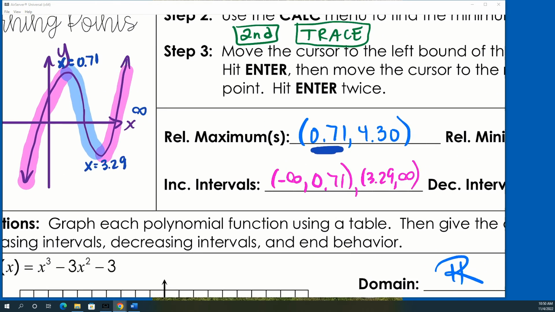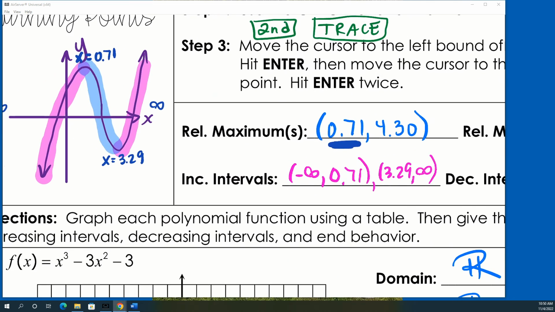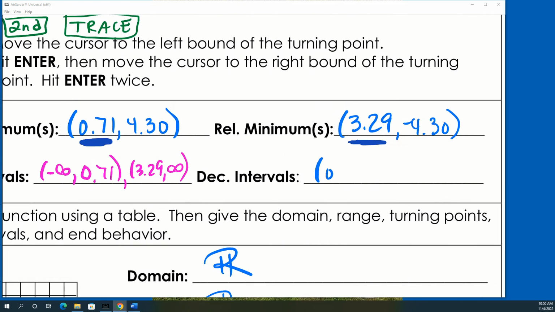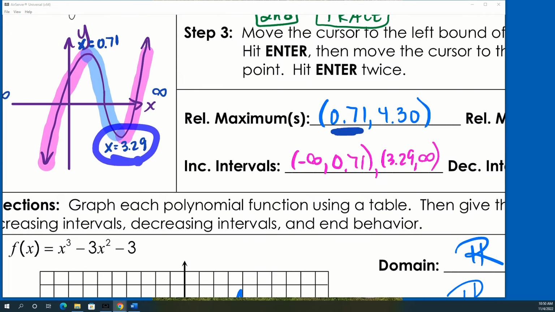All right, and then for decreasing, I start decreasing at this x. And then I decrease until I get to the minimum, which is when x is 3.29.